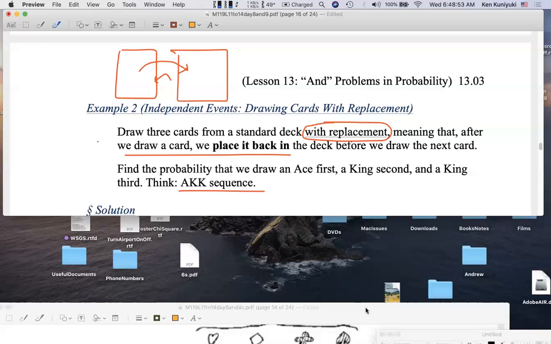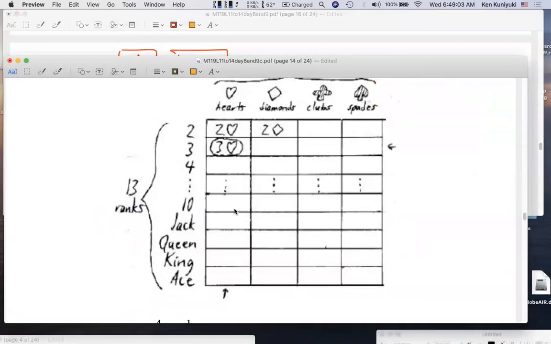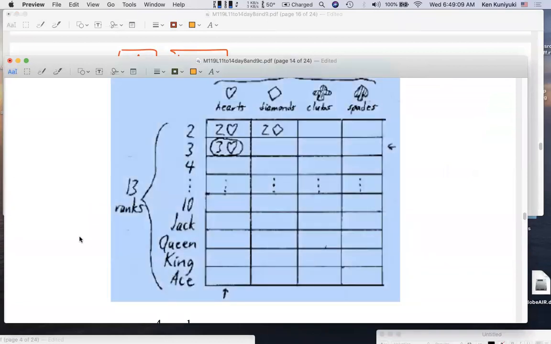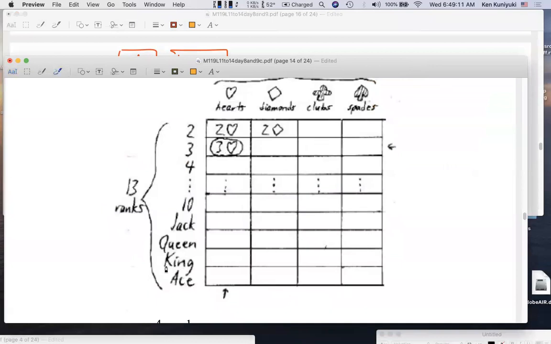All right. What's the probability your first card is an ace? You draw a card randomly from the deck. What's the probability the first card is an ace? Well, there are 13 ranks, each of them equally likely. So the probability of getting an ace is 1/13.